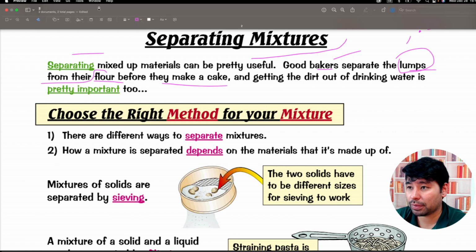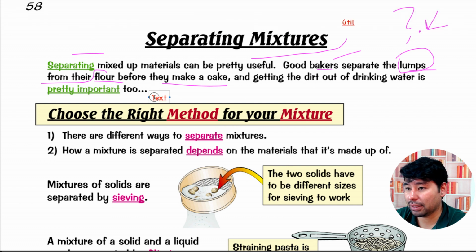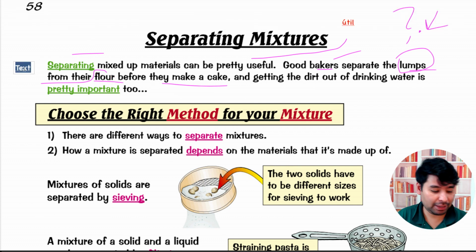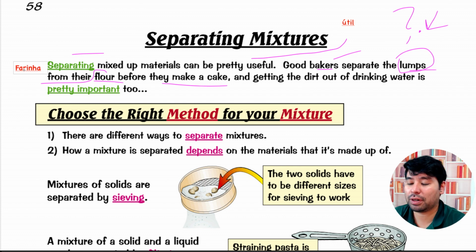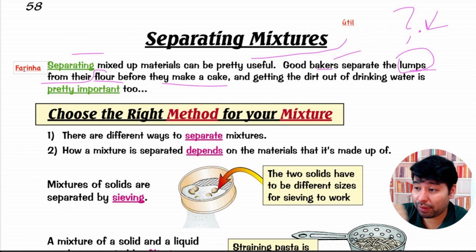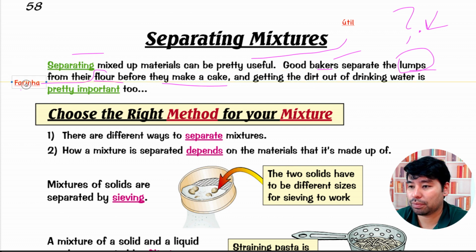You can easily translate flour as farinha. Of course, lump is something that is inside of the flour, right? Because they separate it. So search for that. What is lump? This is homework, right?